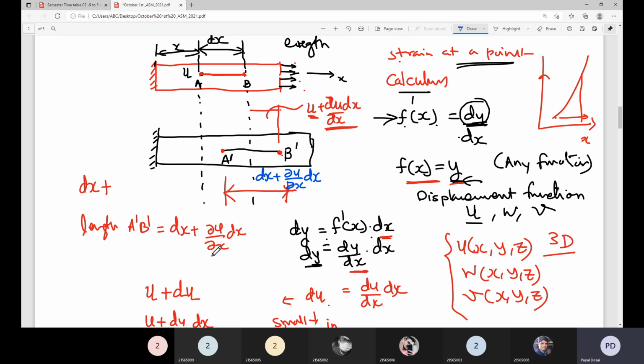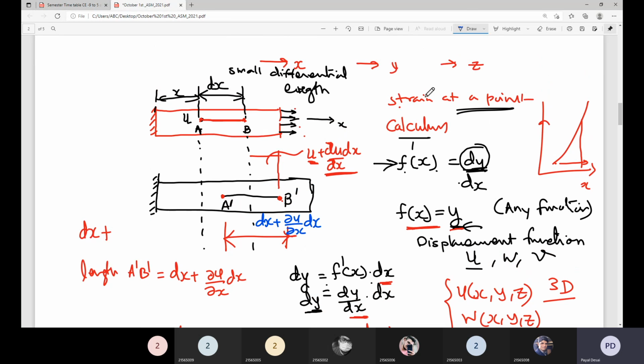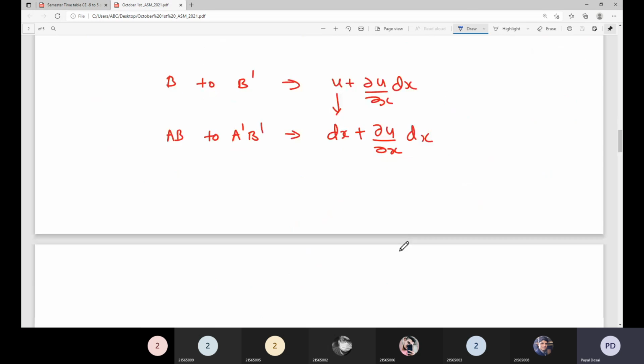Now we use our simple definition of the strain, okay, and then because we are talking about more generalized concept, so that delta L by L won't work, but definition won't change. स्ट्रेन का जो बेसिक डेफिनेशन है वो चेंज नहीं होगा. So what is the basic definition of strain in any body? Final length minus original length, you must have studied this, right?